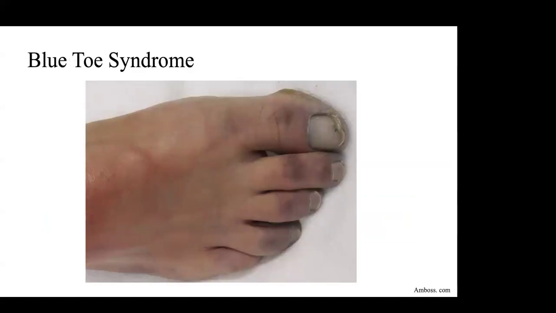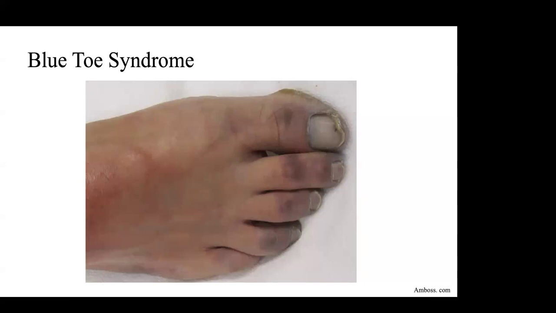The one other manifestation is the blue toe syndrome. This includes digital ischemia. Herein, the large vessel circulation is intact, and mainly because of the small size of the embolic material, they will travel into the end arteries and cause digital ischemia.